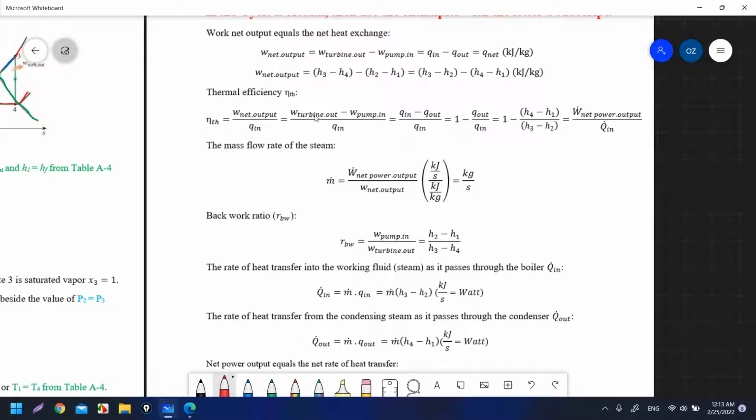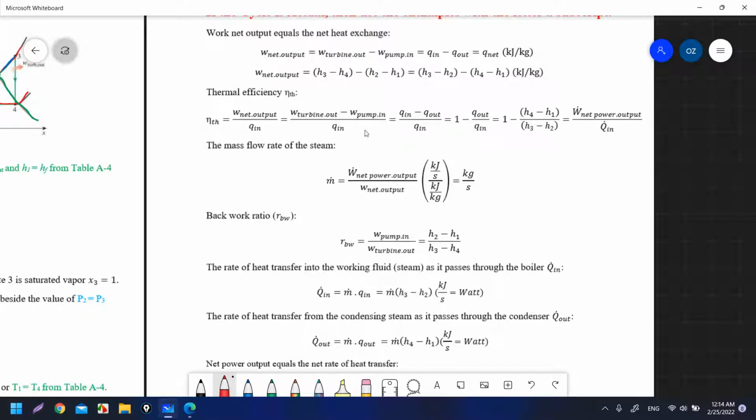Here we have the turbine minus the pump. In the Brayton cycle, we have the compressor instead of the pump. So we always subtract the work consuming device from the work producing device, which is the turbine: the work of the turbine minus the work pump in.